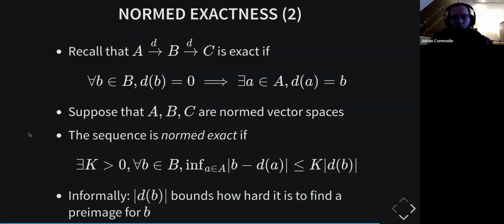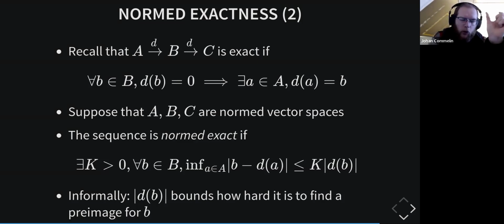Good. And so what is the informal meaning? It means that whenever you start with an element B in the middle term, then you map it to C, that's going to be dB, and the norm of dB places a bound on how hard it is to find a pre-image for B. So if dB is very small, then you can find an element little a that is mapped to something really close to B. So it's a pretty good pre-image.